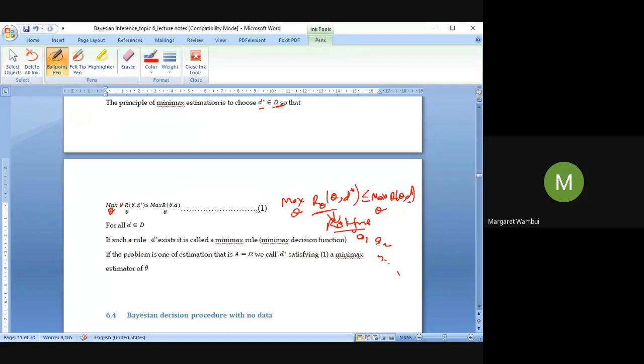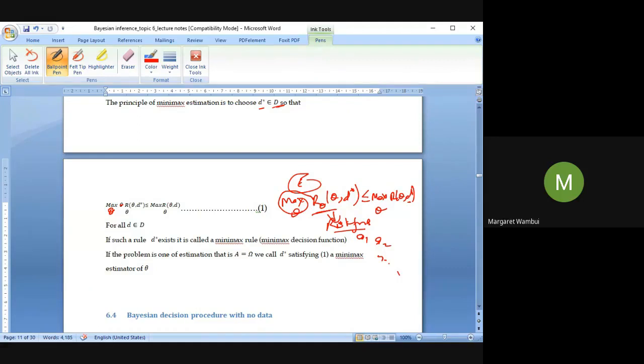If it is a discrete case, it's very easy, because you just pick the maximum among all of them after getting the risk function, which we said is the expectation of the loss function combined with the decision that you are taking. On the other hand, if this loss function is dealing with continuous data, then you'll have to look for the maximum value of your expected loss.